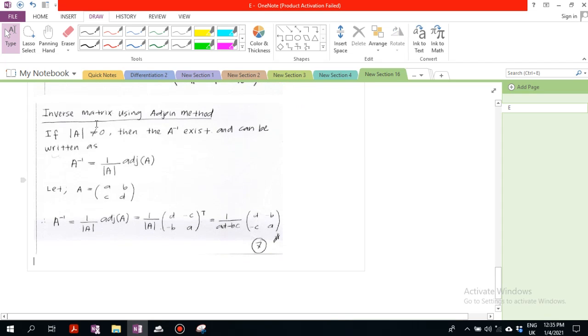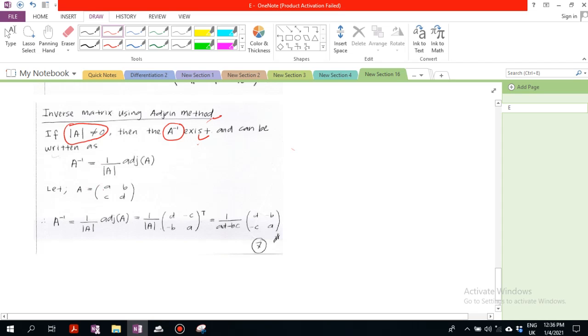Okay, in order for you to calculate the inverse matrix using adjoint method, okay, using adjoint method. So first of all, your determinant should not be 0. Okay, if your determinant is not 0, then the inverse of A will exist and can be written as A inverse is equal to 1 divided by determinant times adjoint matrix.